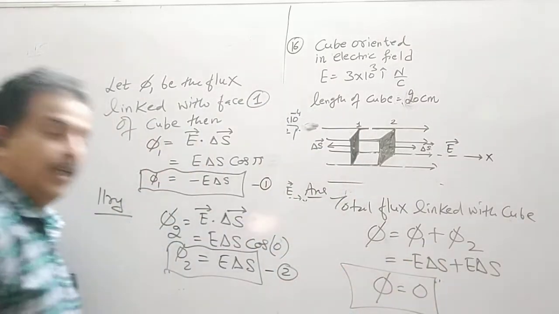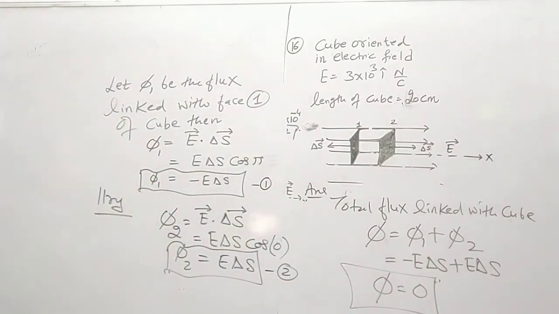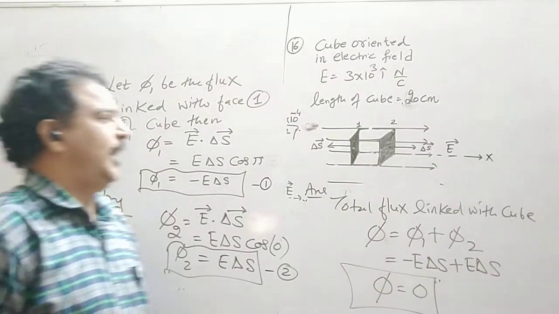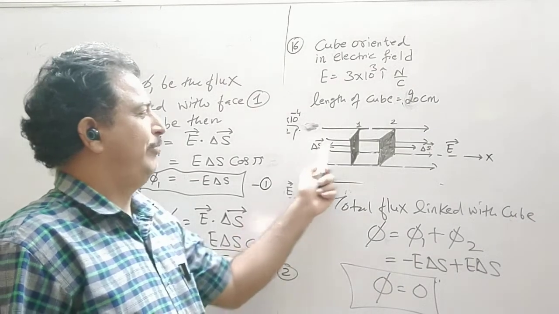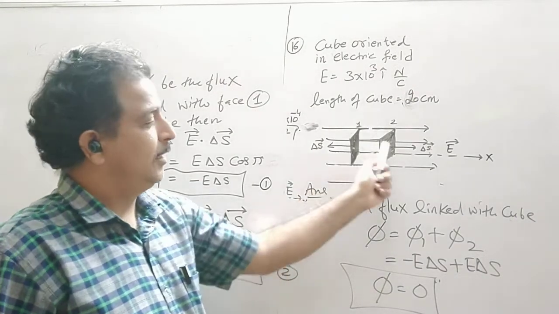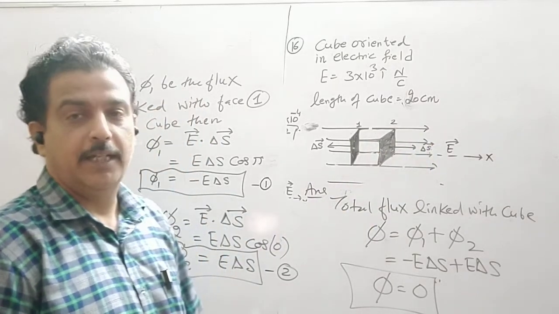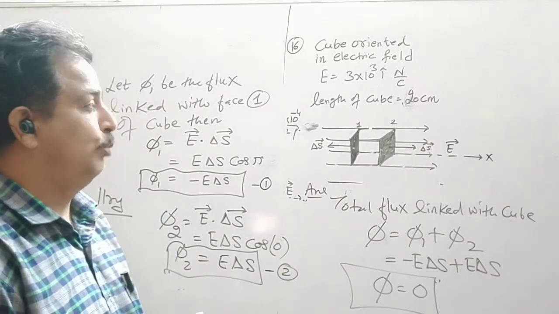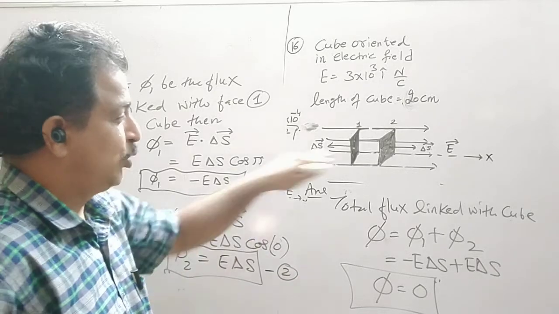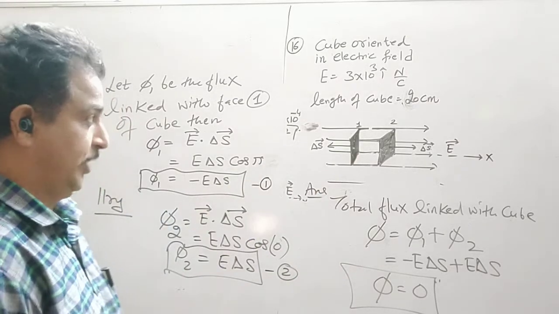Accordingly, the flux linked with the cube is 0. Whatever number of field lines enter from one side, the same number of field lines emerge out from the other side, so the flux associated with the cube is 0.